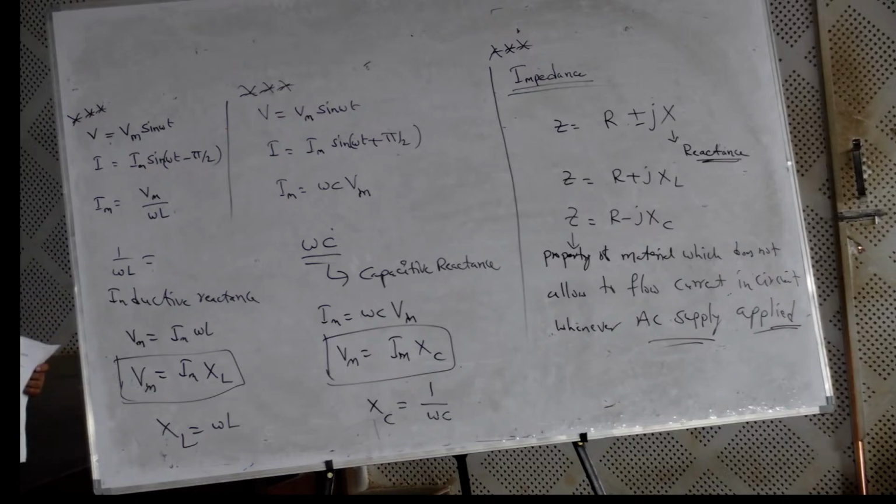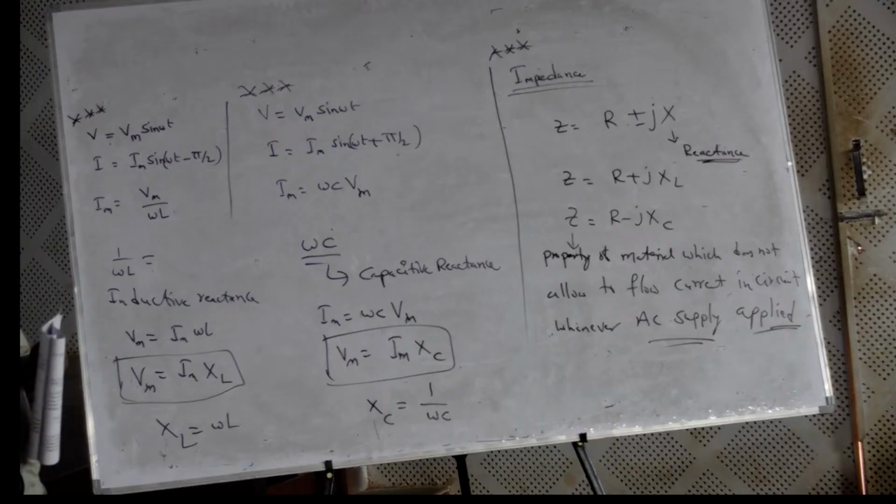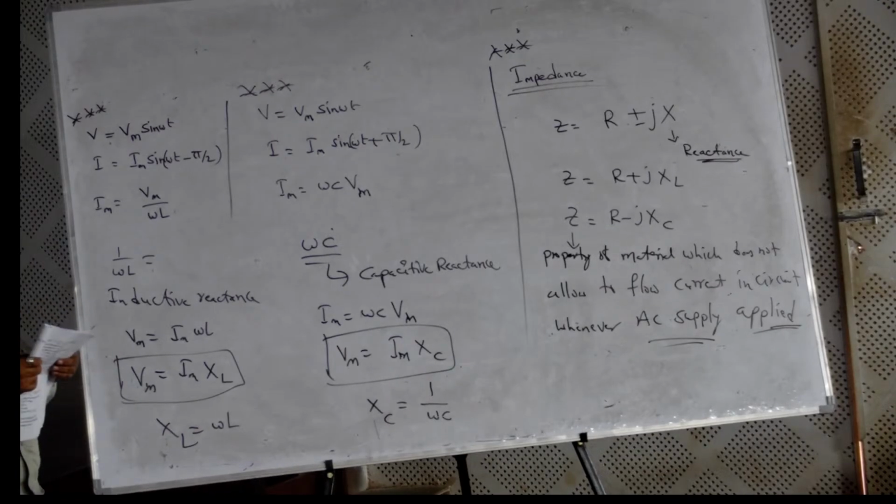An AC circuit consists of a pure resistor of 10 ohm and is connected across an AC supply of 230 volts, 50 hertz.